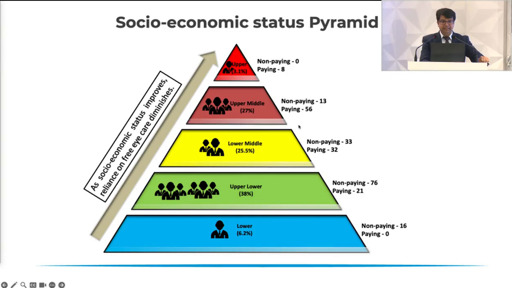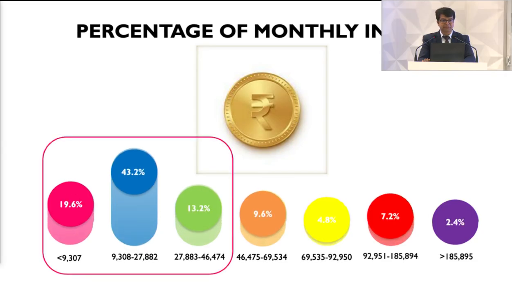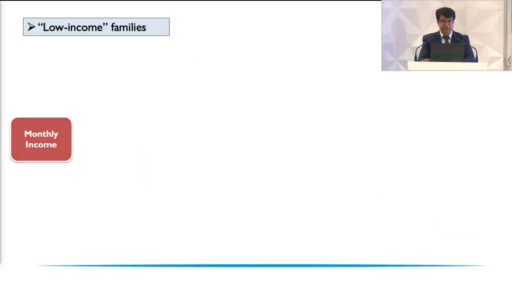This again elegantly shows that with higher disposable income, they tend to opt for a paying category, whereas nearly 2/3 of them are of lower to lower middle socioeconomic status, where LVPI has a provision to provide absolutely free treatment. And of course, they have to take care of medications, travel, and many other issues.